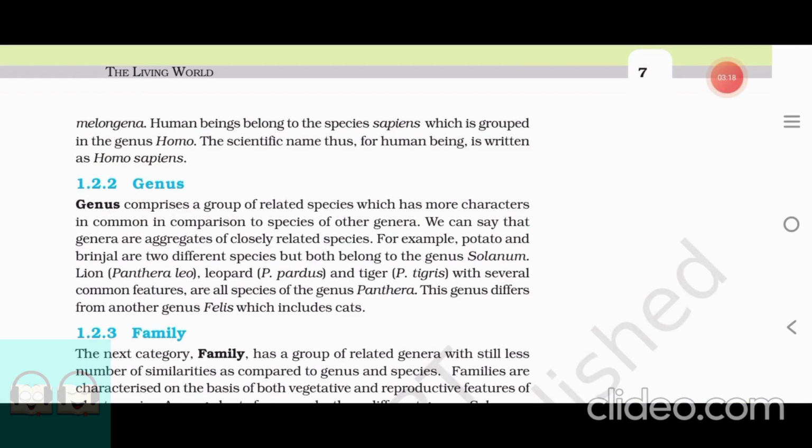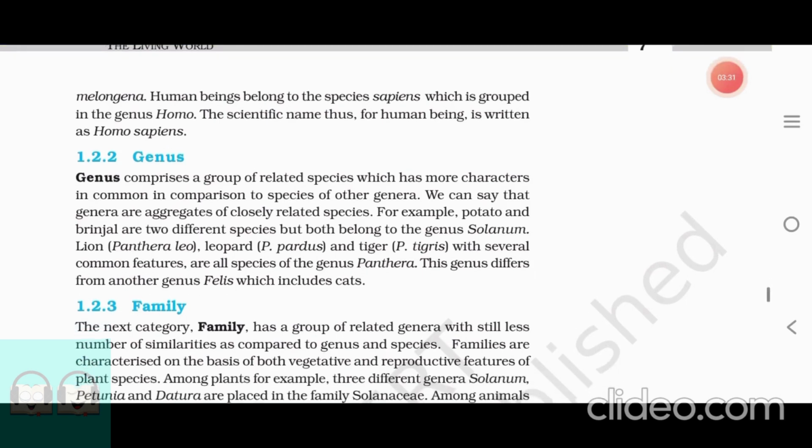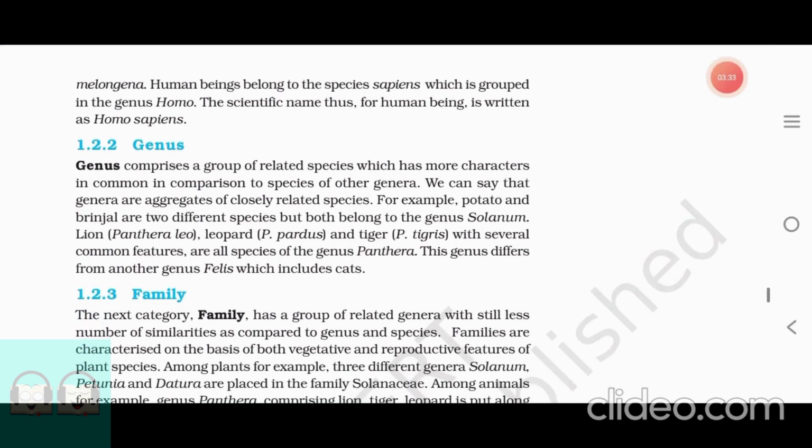Human beings belong to the species sapiens, which is grouped in the genus Homo. The scientific name thus for human being is written as Homo sapiens. Genus. Genus comprises a group of related species which has more characters in common in comparison to species of other genera. We can say that genera are aggregates of closely related species.